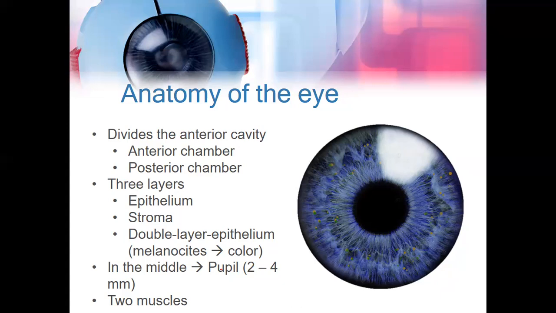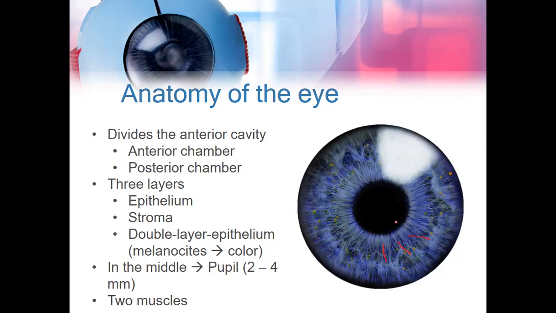However, we have two muscles: the sphincter of the iris, which has circular fibers around the pupil, and the radial muscle of the iris, which, as its name tells us, is radial. The fibers are this way, like this, right?